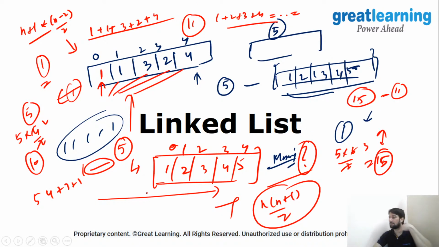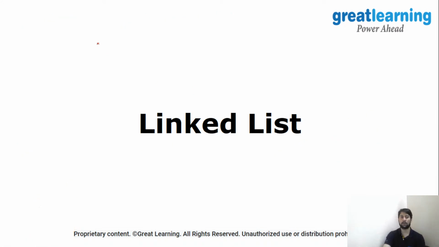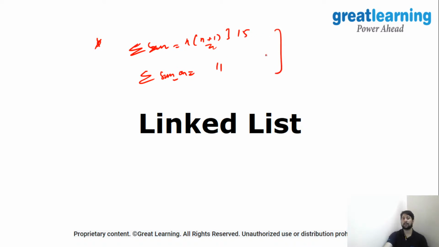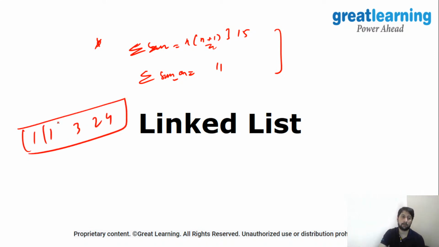Now try to think of something, the square of these things, right? Let me clear out everything. So now we know, a normal sum of n natural numbers is n into n plus 1 divided by 2, and the sum of the array elements was 11. Now try to square these numbers.